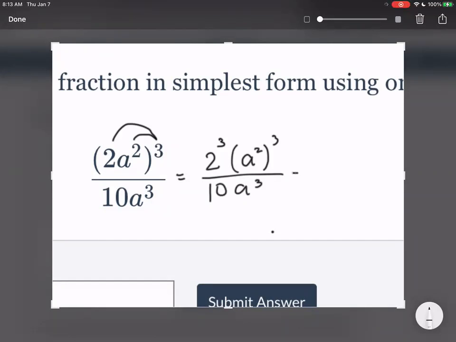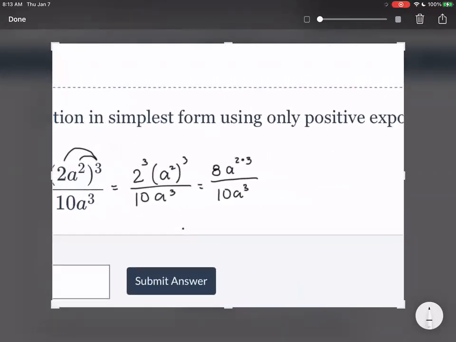And then 2 cubed is 8. A squared cubed would be a to the power of 2 times 3. Remember, you multiply these exponents. All over 10a cubed. So this is 8a to the power of 6 over 10a to the power of 3.